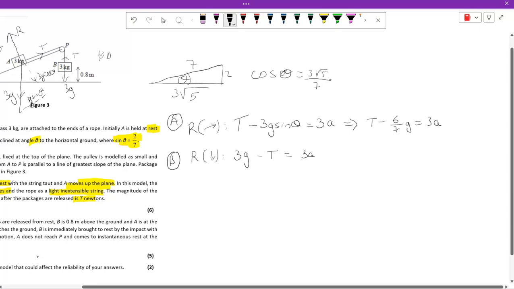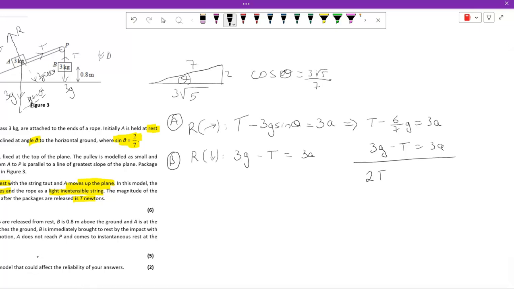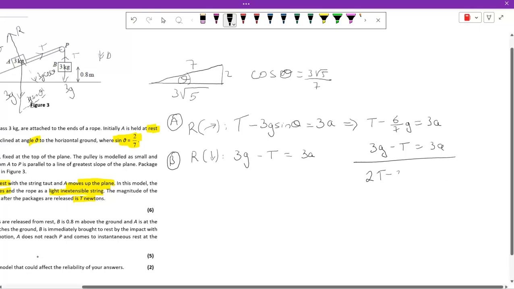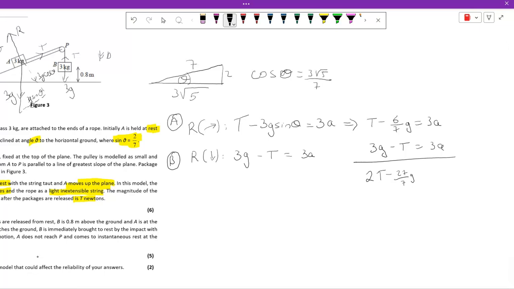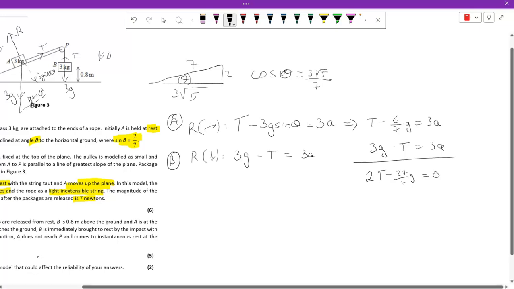The question is telling me to find T, so I probably don't want to eliminate T here. What I can do, by subtracting them, is eliminate my a's. So I'm going to subtract these two equations. T minus T, that's going to give me 2T. I've got minus 6/7 g minus 3g, so that's 27 over 7 g, and that's going to be equal to 0.